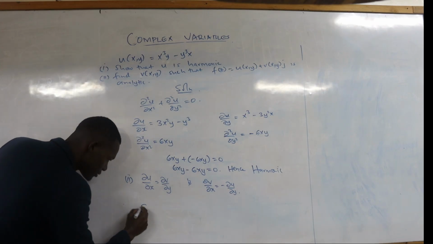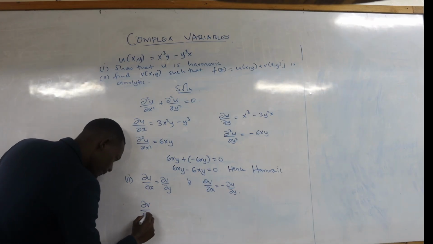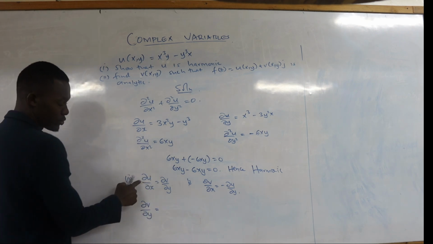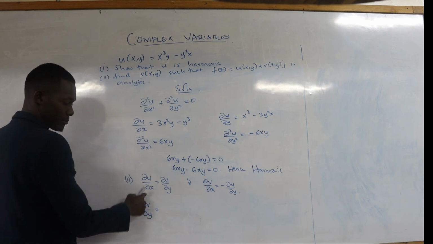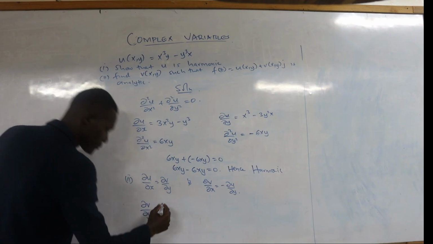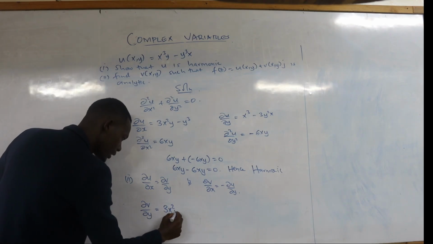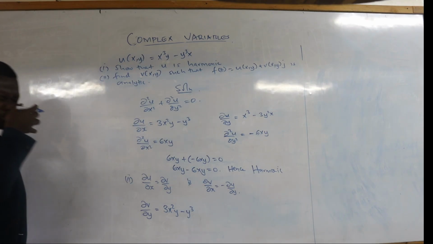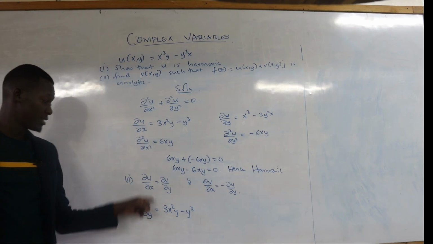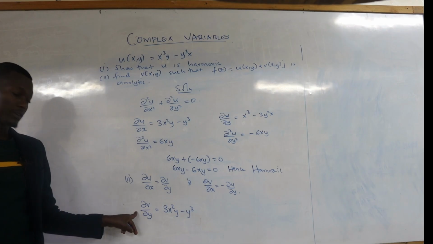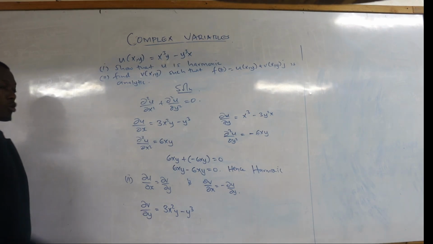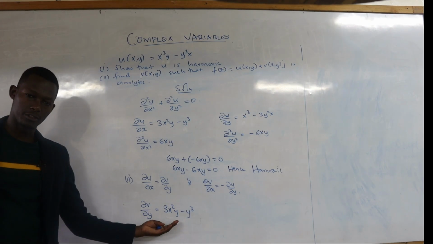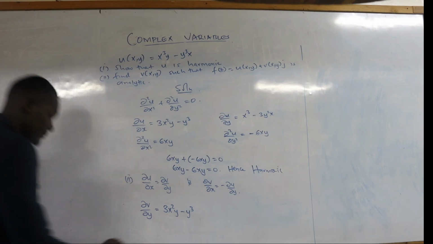Therefore, what is your dv dy? So you just come to du dx because they are the same. So du dx is given by 3x squared y minus y cubed. These and these are the same, so therefore you have this. Now, for us to go back to v, these are the derivatives. So let us go back to v.